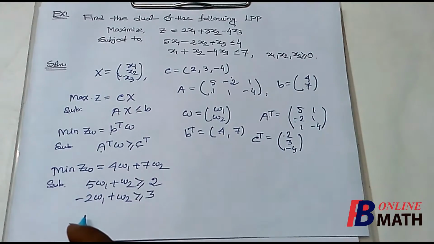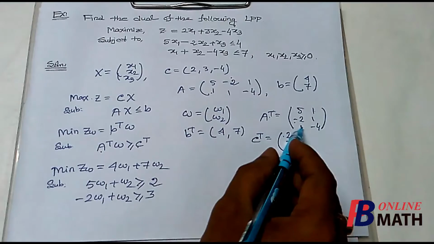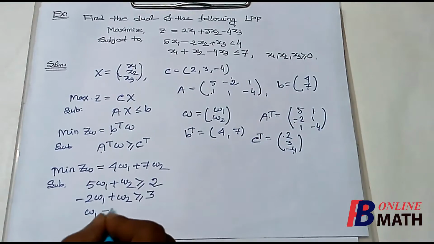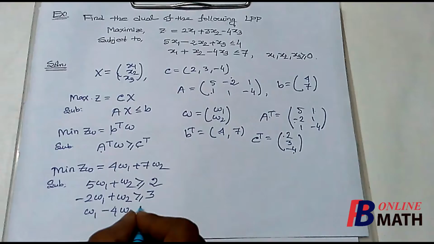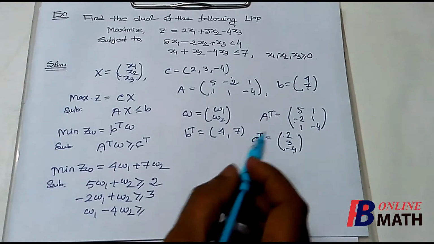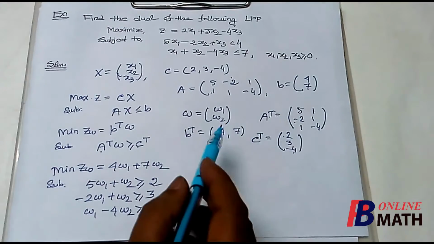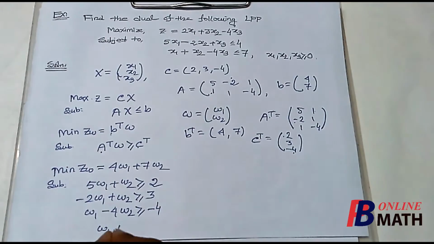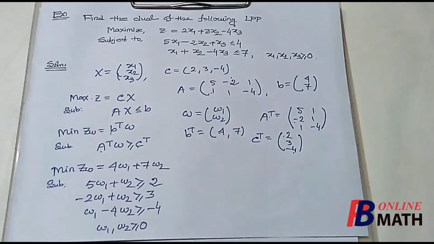And the final constraint will be the third row multiplied by omega, so it is omega 1 minus 4 omega 2, greater than or equal to the last value of C transpose, which is minus 4, where omega 1 and omega 2 are greater than or equal to 0. So this is the required dual of this primal problem.